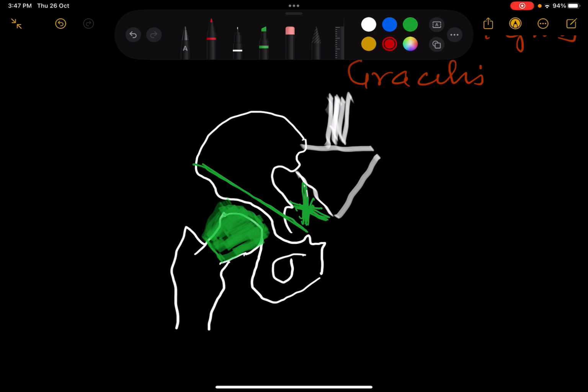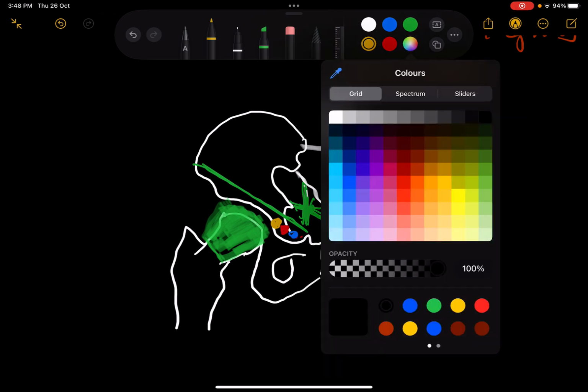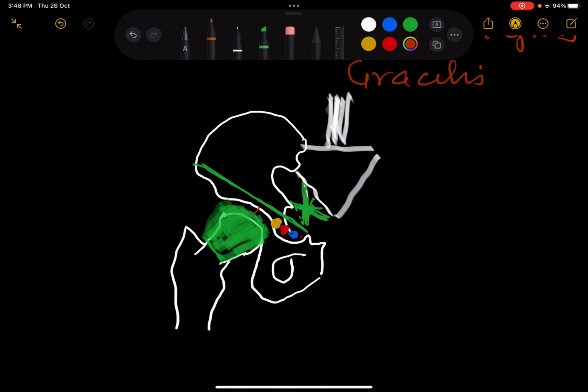We said that this gives rise to femoral vein, artery, and nerve. Then you have the pectineus muscle from the pectineal eminence, the pectineus muscle.